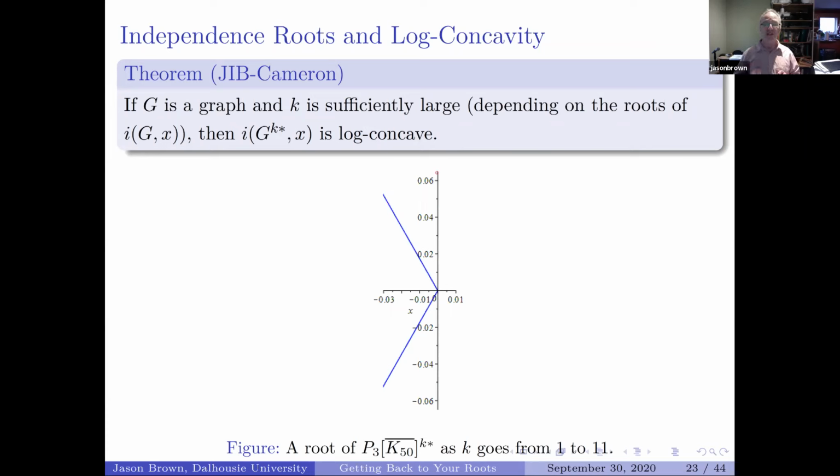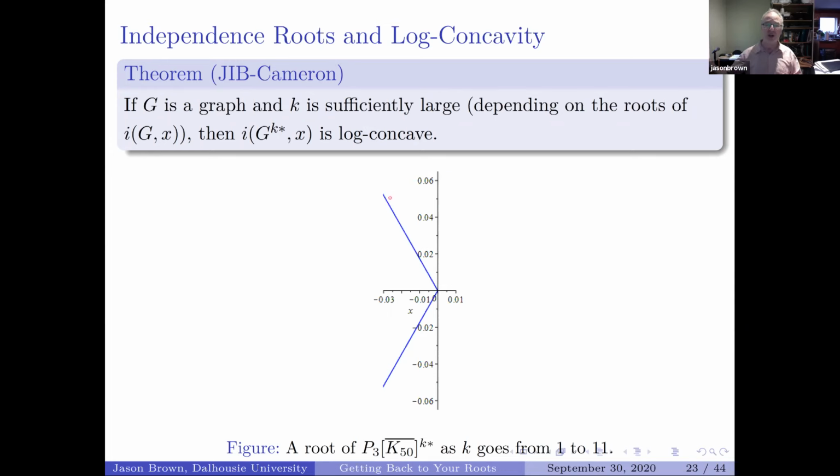So here's an example. I've drawn a figure here in a little animation. We take a path on 3 points, and what I do is substitute for each vertex an independent set of size 50. So I get a very big graph. And what I'm doing here is I'm taking the k-star. And notice, I'm just showing some of the roots here, or in particular one of the roots here.